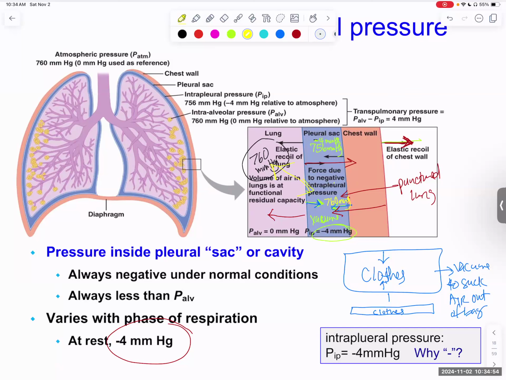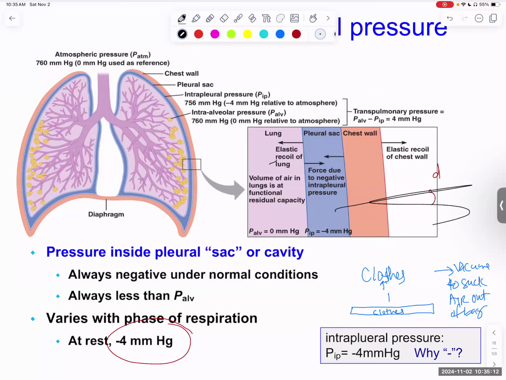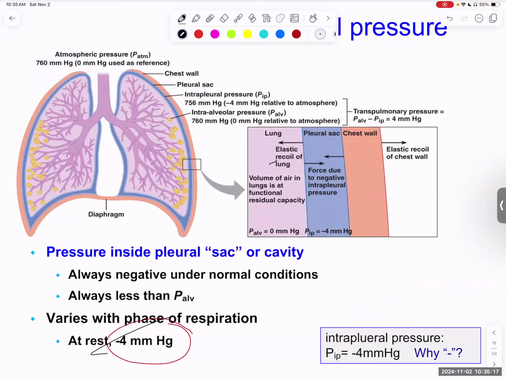When the person goes to breathe, they pull their chest wall out, but the elastic recoil of the lungs goes in. And so the lungs collapse inward, even though the chest wall is going out. That's when you get a chest tube put in and you suck air out, so it ends up pulling those two membranes back together.